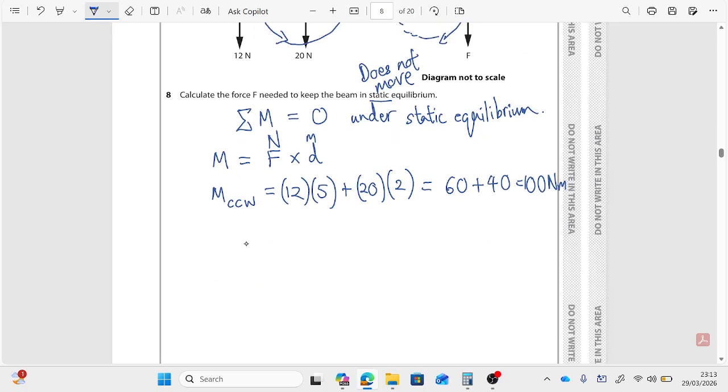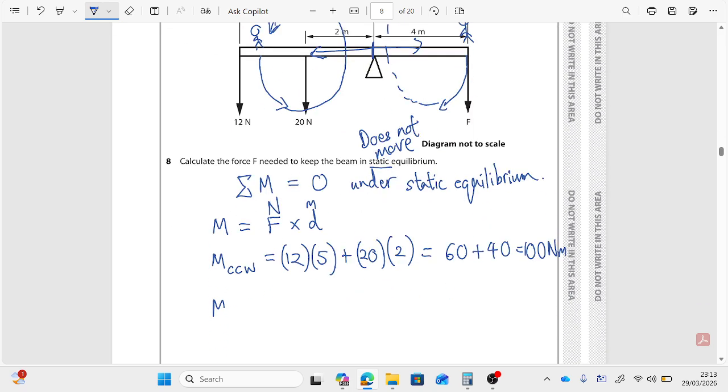Then we do the sum of moment of clockwise. So that would give me 4 times F, so 4F. Okay.